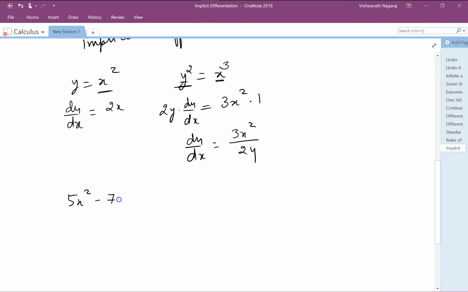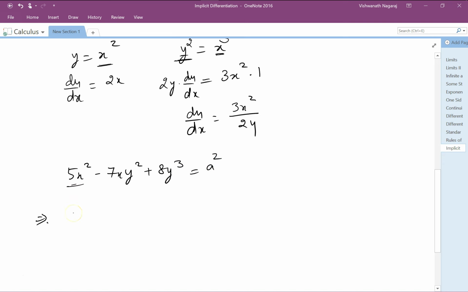5x square minus 7xy square plus 8y cube equal to a square. Now what will be the differential of this? 10x times the differential of x itself, which is 1. So we can ignore it. Now here 7 is going to be common. Now here we have to apply the rule.